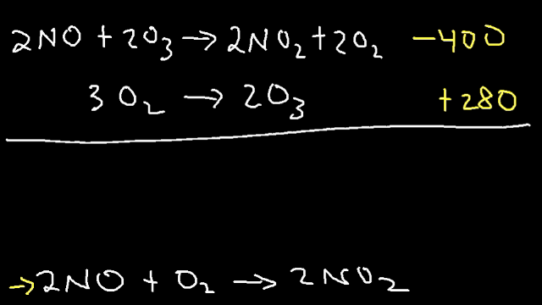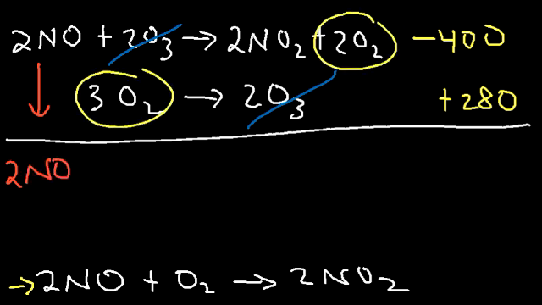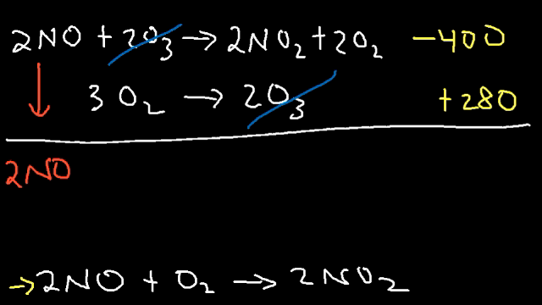So notice that O3 cancels because they're exactly the same and they're on opposite sides. So NO is going to drop down. And notice that we have O2 on both sides, but we have 3 on the left, 2 on the right. So therefore, subtract both numbers by the smaller of the two numbers.